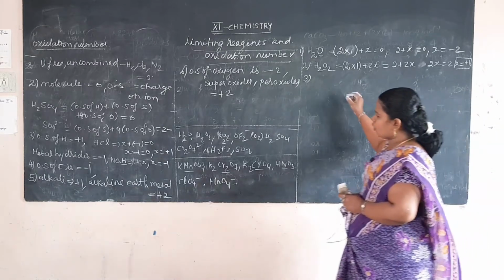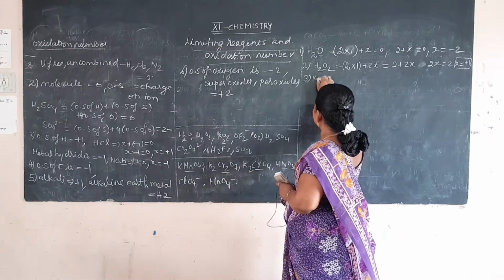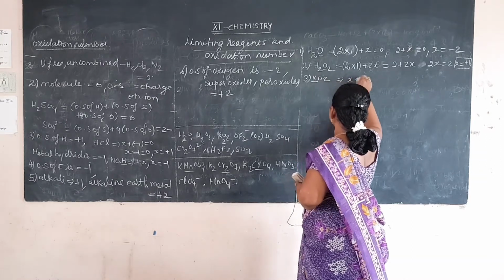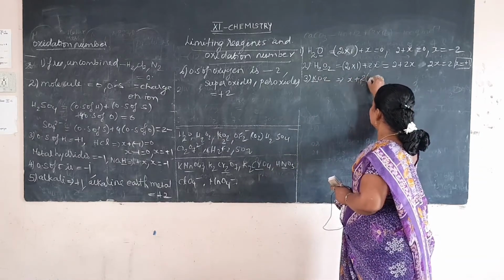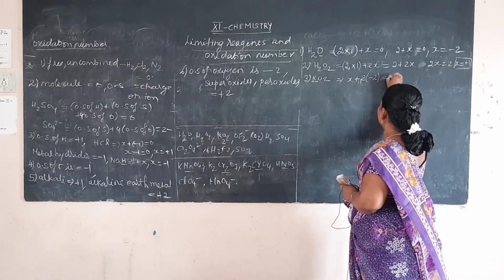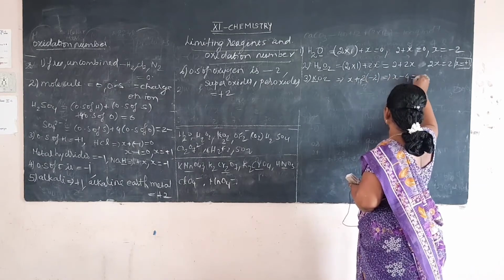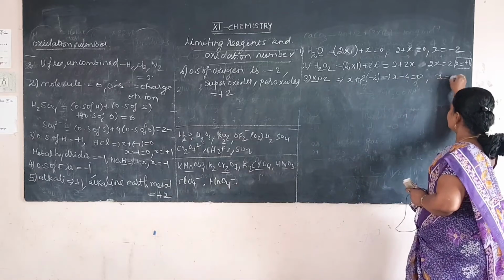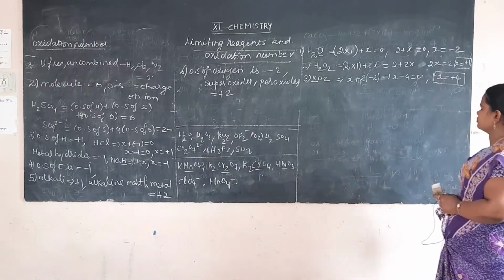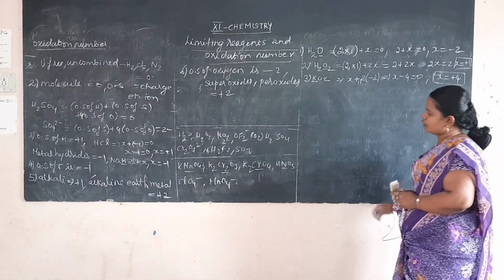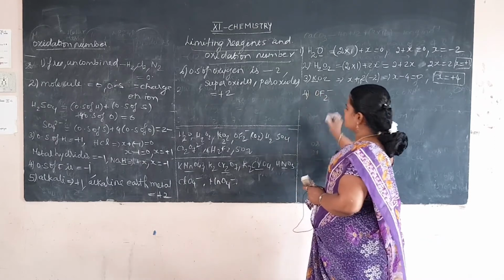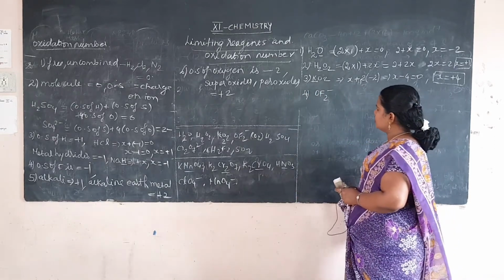Then for KO2, for potassium we'll find out. So x plus 2 into -2, so x - 4 = 0, then x = +4. Then the fourth one, OF2 minus.